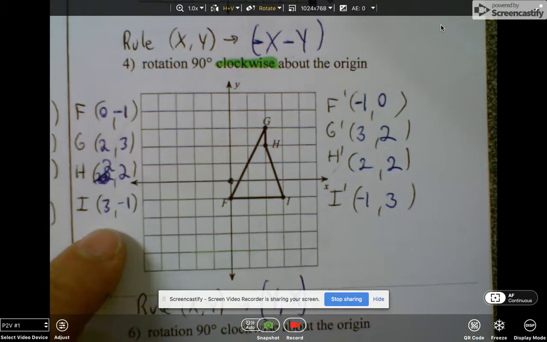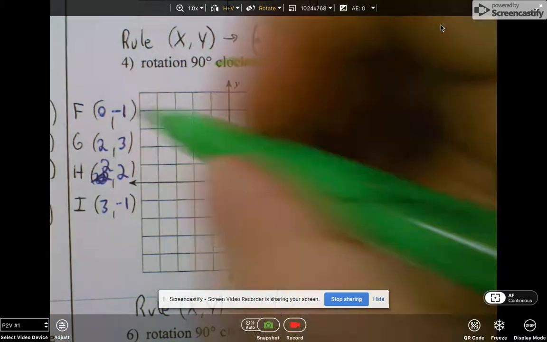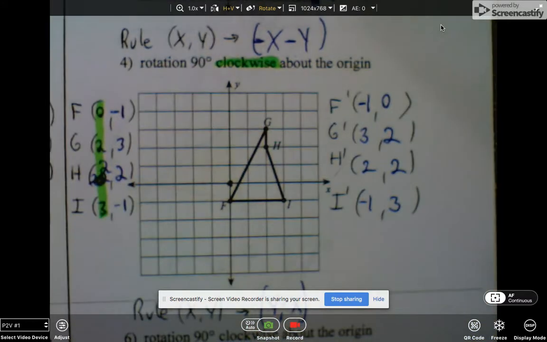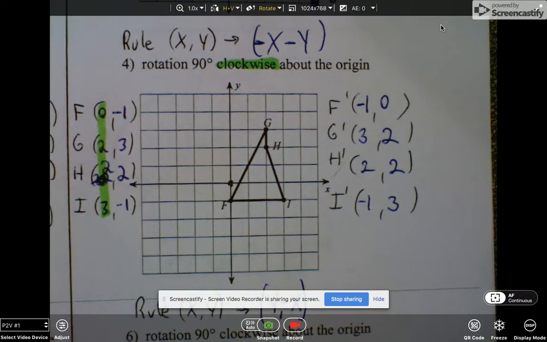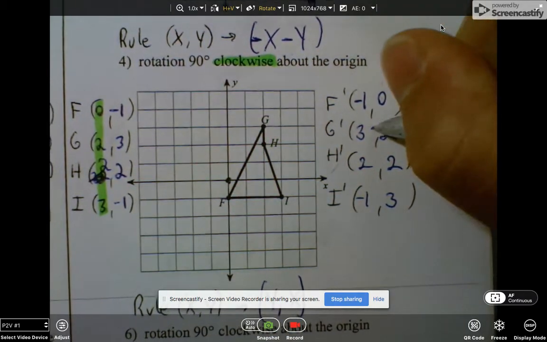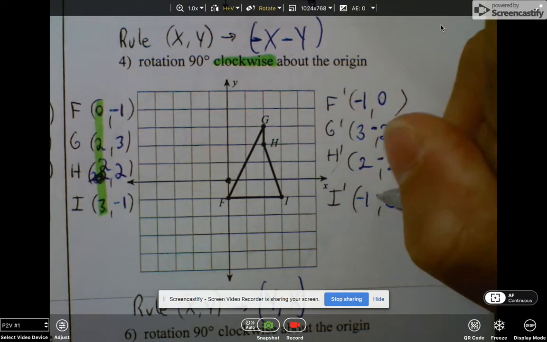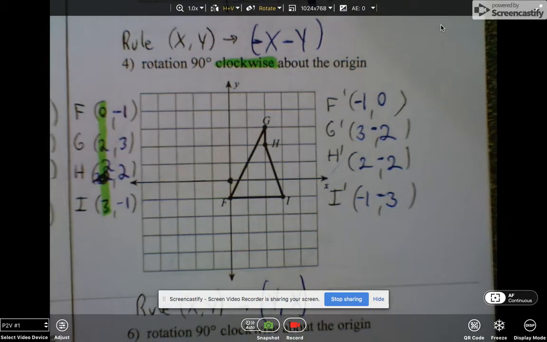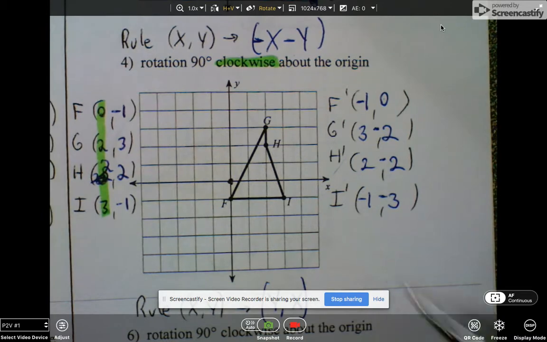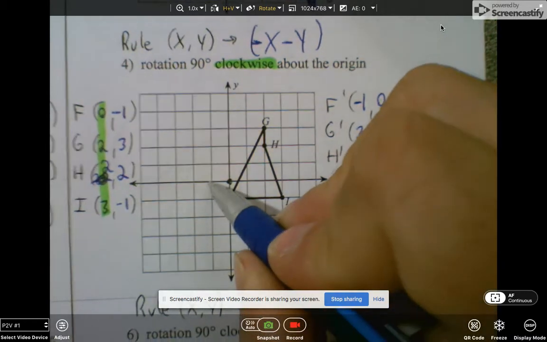Now I'll go back and look at all my x's that were here, and I'm going to make them the opposite on the other side. So that's now here, opposite 0, 0, that's -2, -2, -3. Clockwise about the origin is to the right, so it's going to be somewhere right around here. So -1, 0 is here.